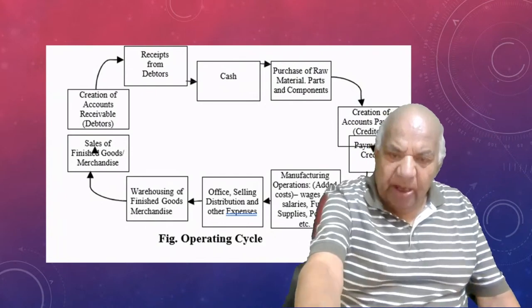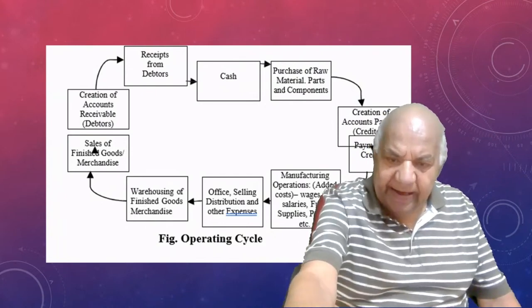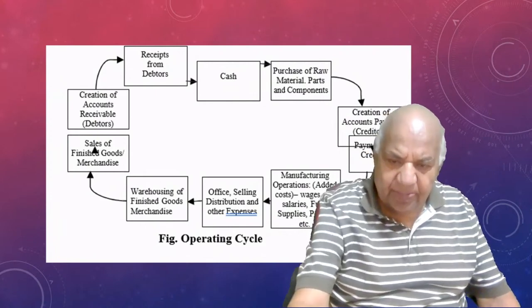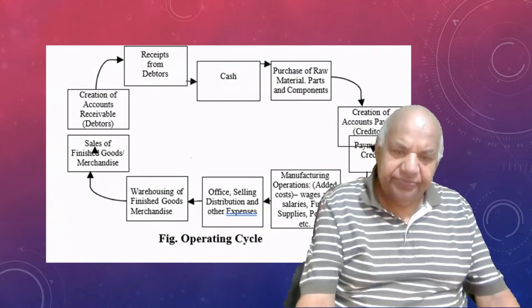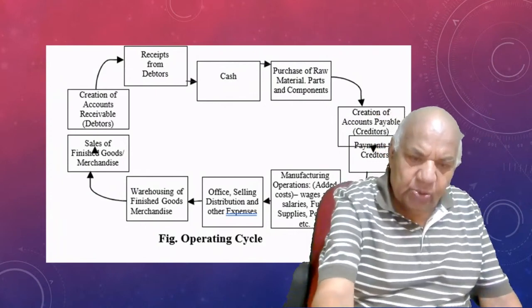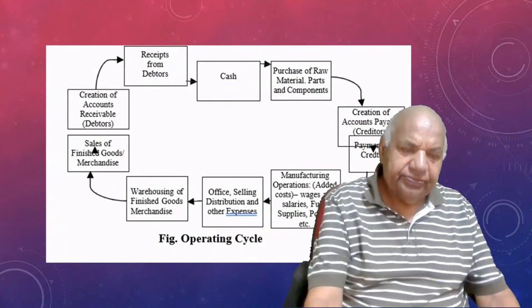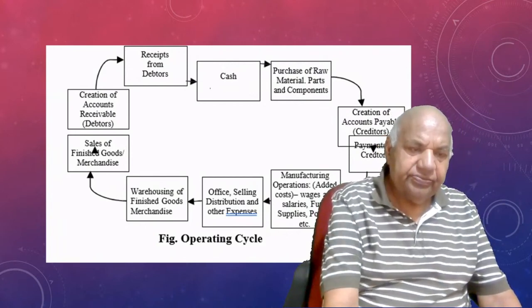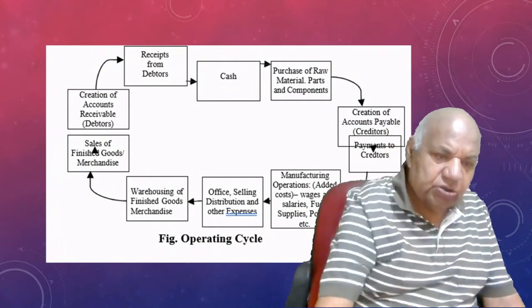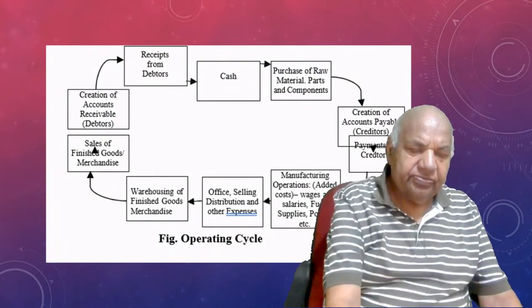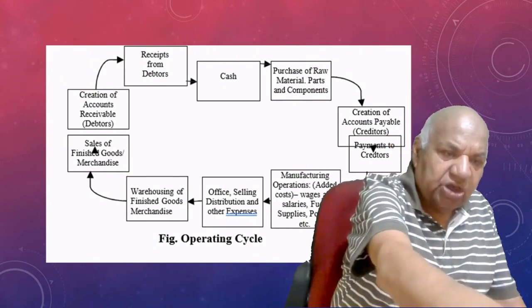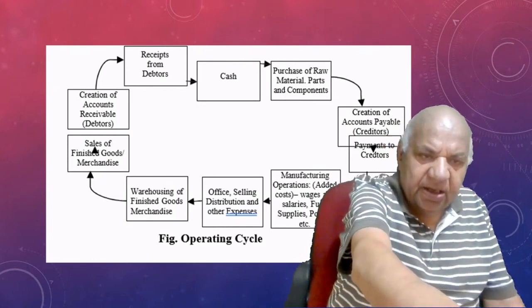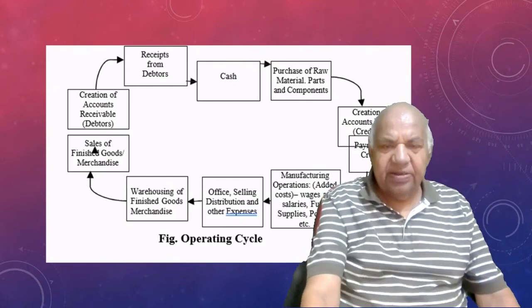During production, manufacturing operations, added cost, wages, salaries, fuel, supplies, power, etc. Office selling distribution expenses, then warehousing of finished goods or merchandise, sales of finished goods or merchandise, which in turn creation of accounts receivable or debtors, receipt from debtor. Now again it has come to the cash.